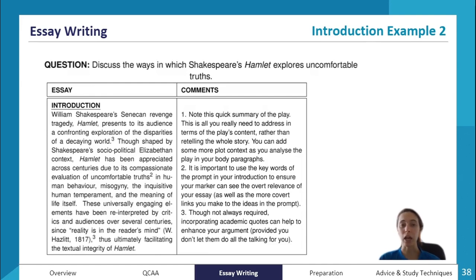It's not about retelling, it's about analyzing. And you can add some more plot context as you analyze the play in your body paragraphs. When you introduce your different points, you'll be giving some context to those different points, different quotes, different pieces of evidence.